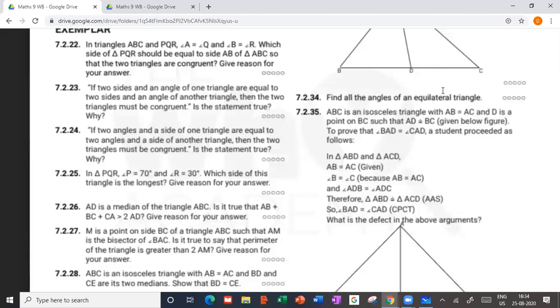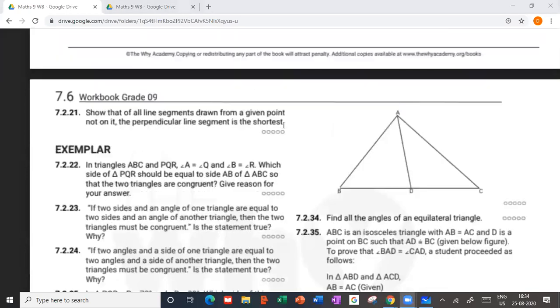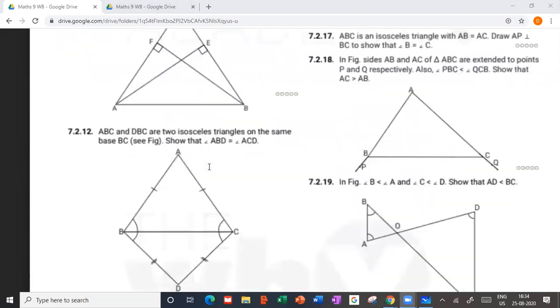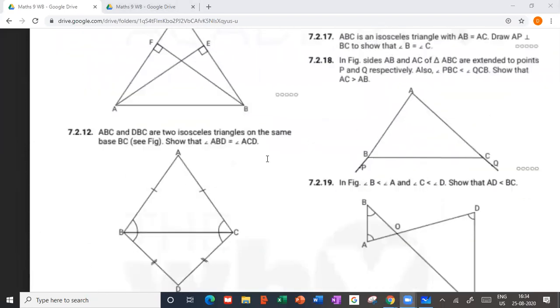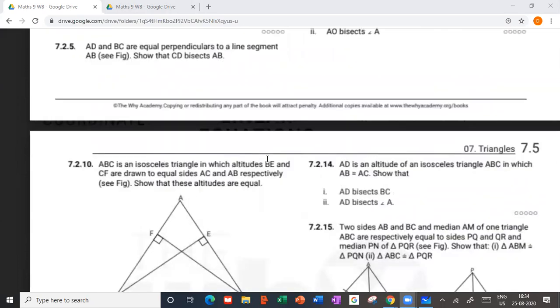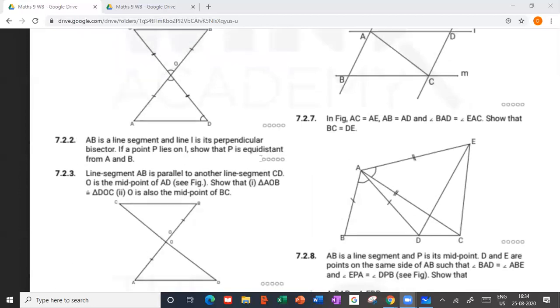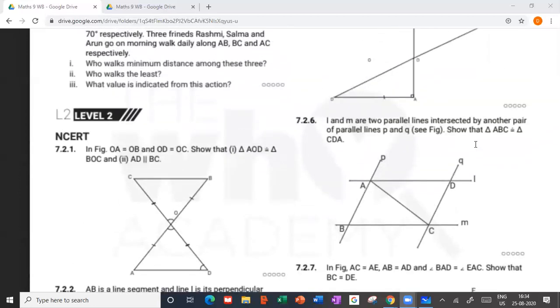Ma'am, I had a doubt. Yes, tell me. Actually, not in this chapter, but when you explained linear equations in two variables, I had a meeting in school, so I wasn't able to attend it, and the recording is not there on YouTube. Oh, is it? I'll try to upload it now itself.